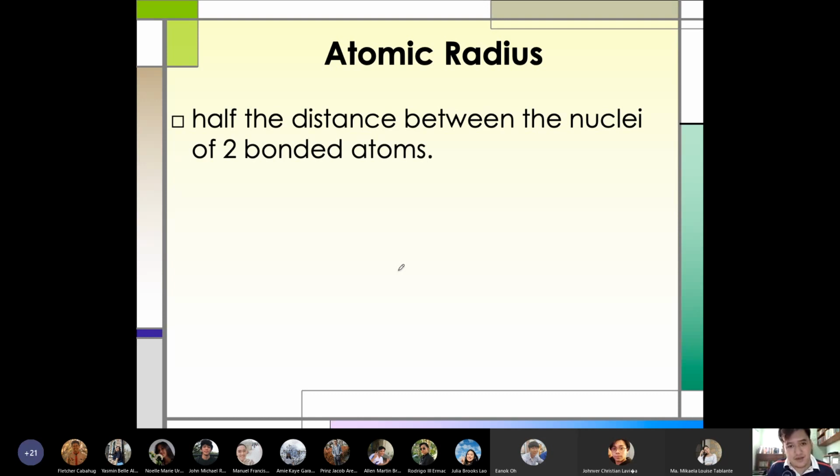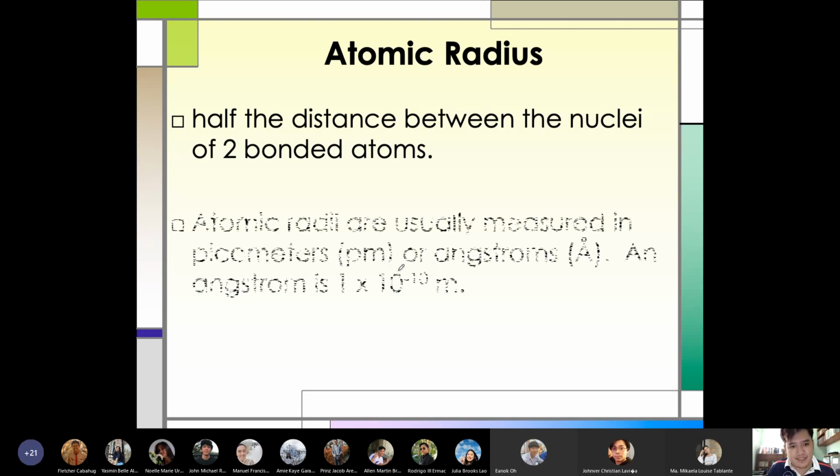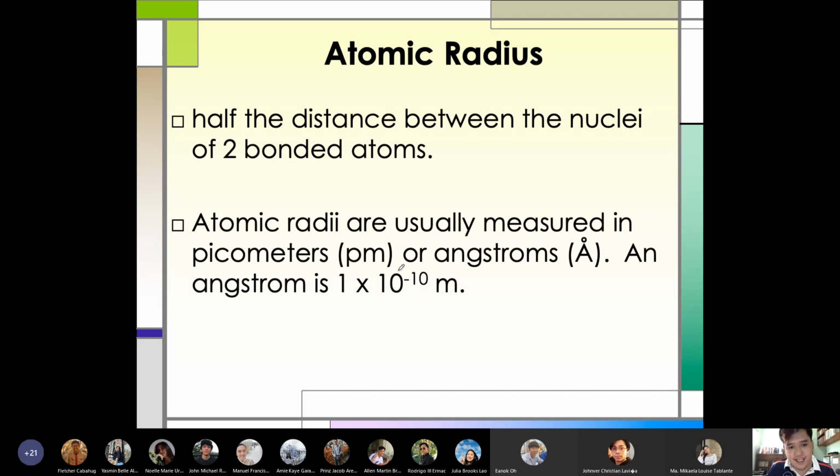Okay, so when you talk of atomic radius, it's half the distance between the nuclei of two bonded atoms. This definition works for non-metals, those that exist as diatomic molecules, for example, O2. Diba? O2 is made up of two oxygen atoms bonded together. So the atomic radius is basically half the distance between their nuclei.